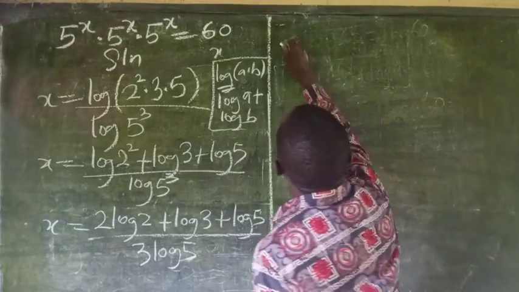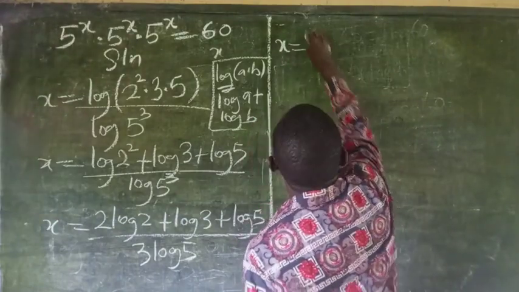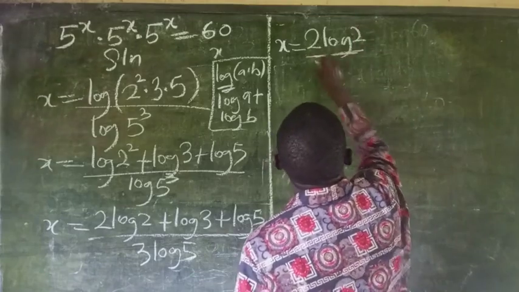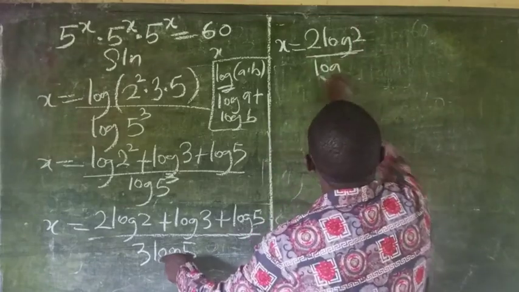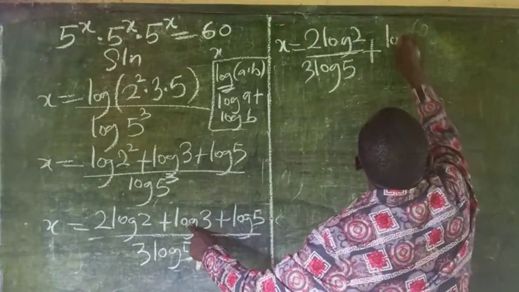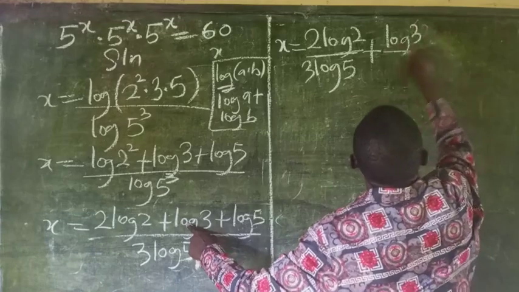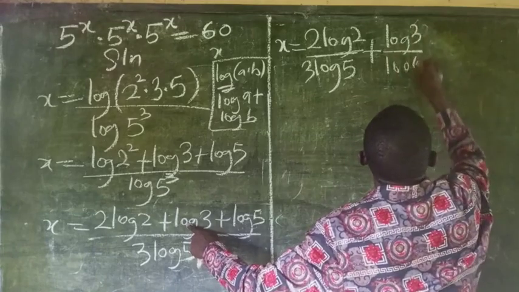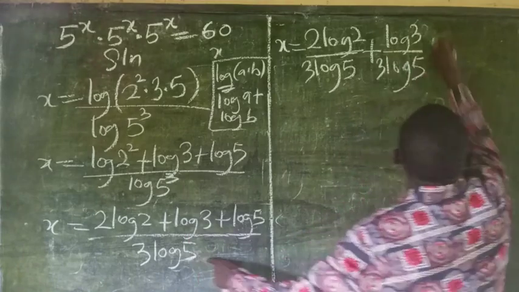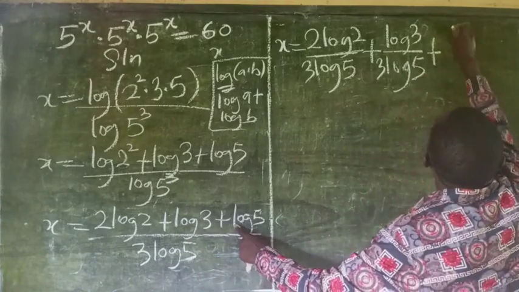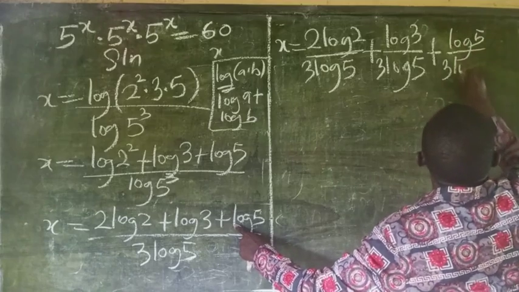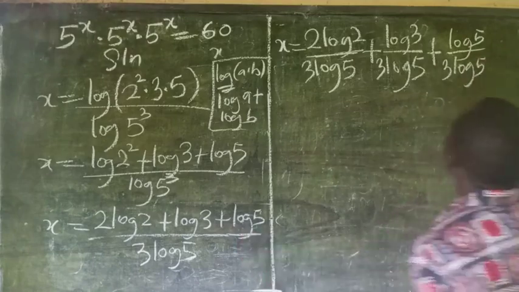So what I mean is s equals 2 log 2 all over 3 log 5, plus log 3 all over 3 log 5, forgive me, plus log 5 all over 3 log 5 finally.